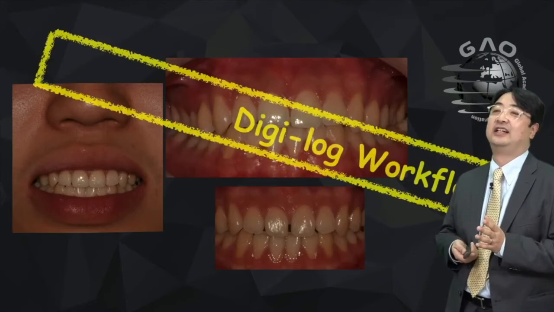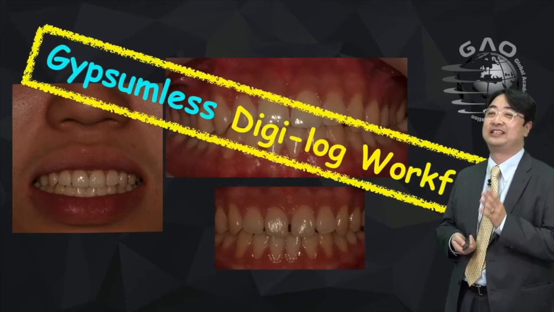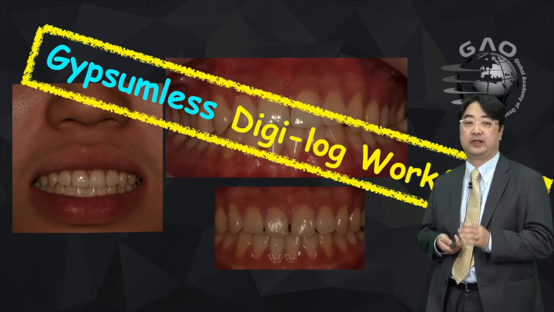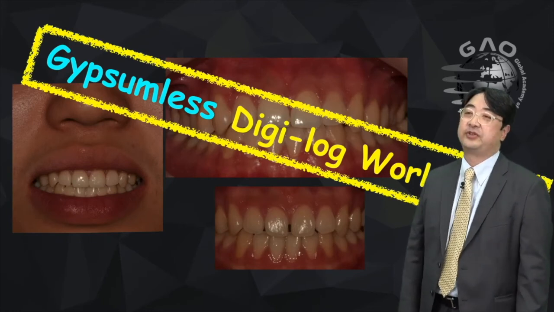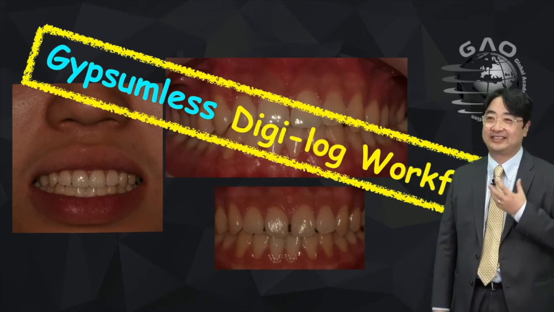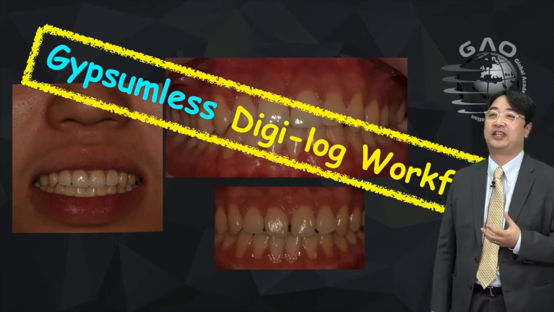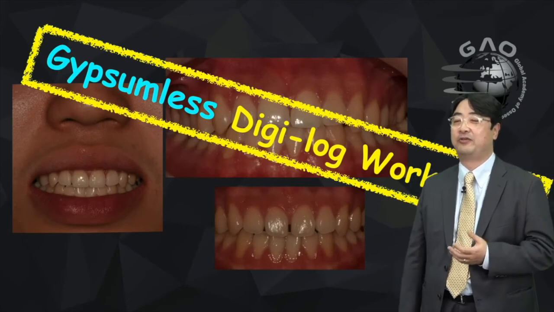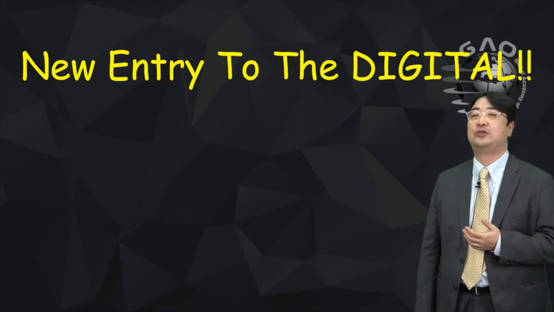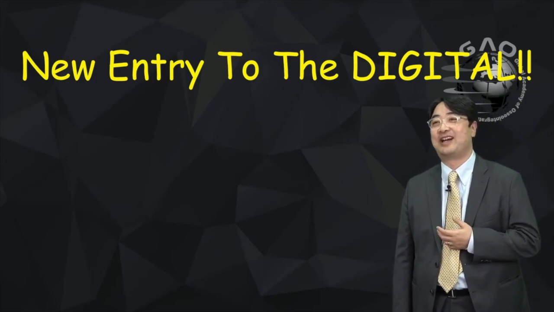This is, again, a digital workflow and also gypsum-less, because we don't use the model. Okay? So a new entry into digital is fun, right? It excites you with new things and different ways from what we used to do. So I'm very happy to use new digital in my house.